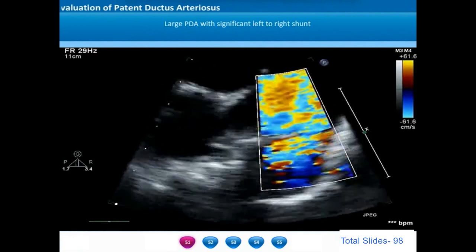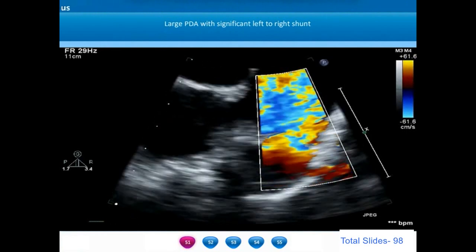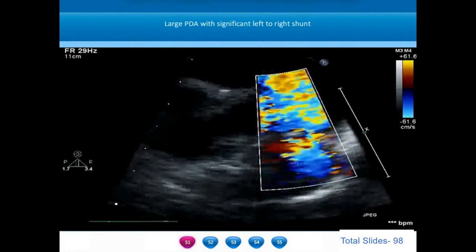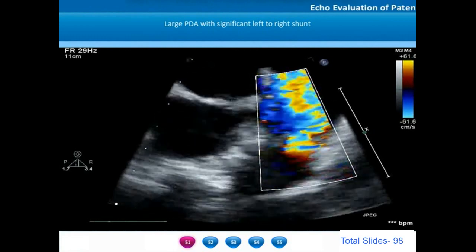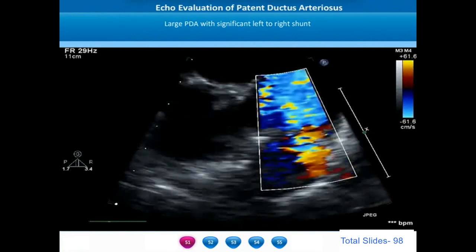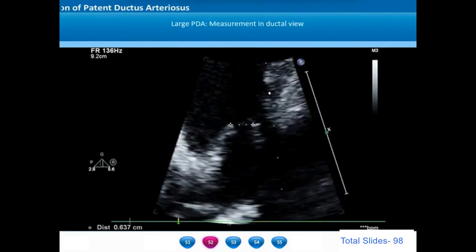Now we move on to visualization of a large PDA with a significant left-right shunt. This is a magnified ductal view of a large PDA. You can see the descending thoracic aorta distally, a large ductus inserting into the pulmonary artery bifurcation. A measurement of this ductus in the same ductal view shows a dimension of around 6.4 millimeters.